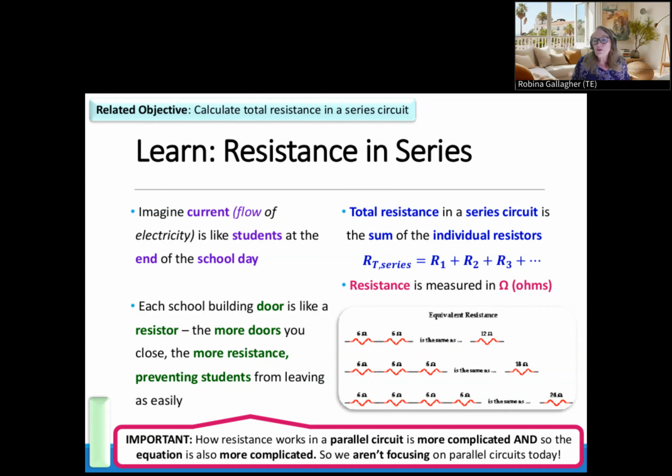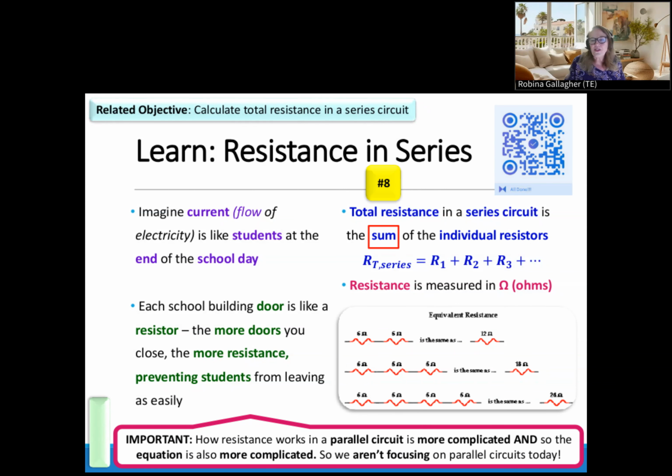But do remember, resistance is measured in ohms, O-H-M-S. So the formula for total resistance is you just add up, or sum, the individual resistors. So we have to add numbers together.